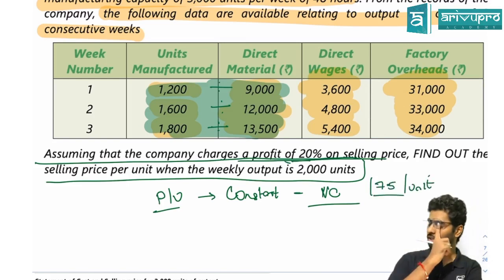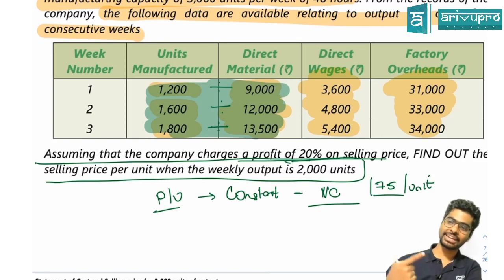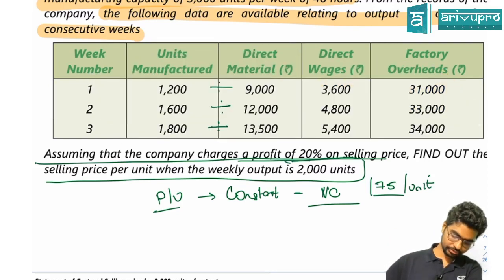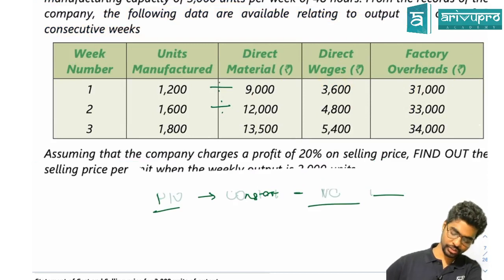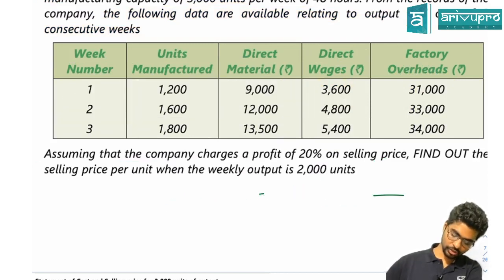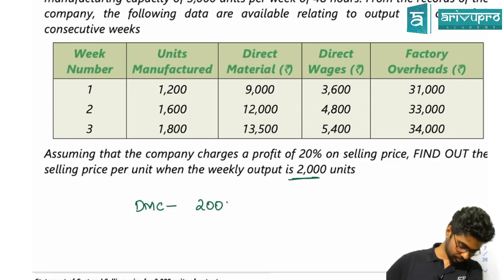A variable cost is a cost which is constant for every level of unit, every level of output. So for every level of output, the variable cost per unit is going to be constant. Therefore, I know whether I am producing 1000 units or 1200 units or 2000 units, my direct material cost per unit will be the same.